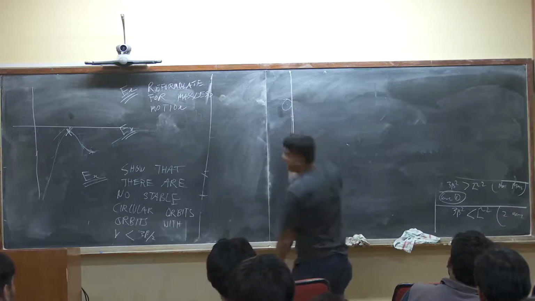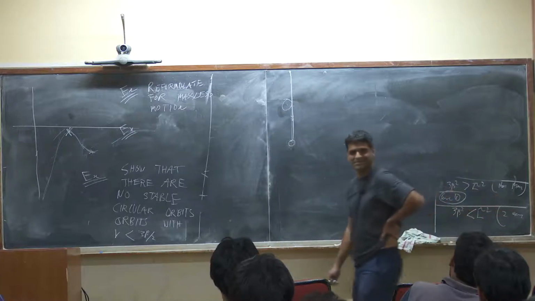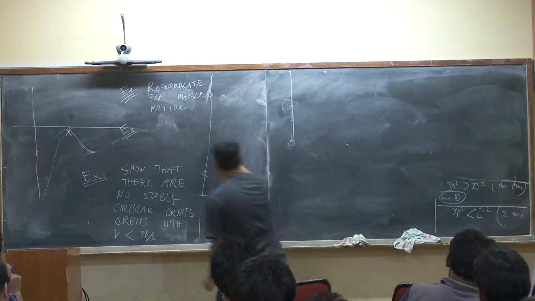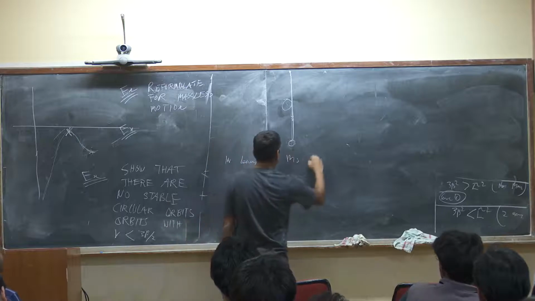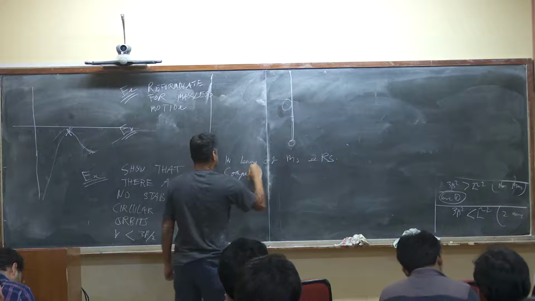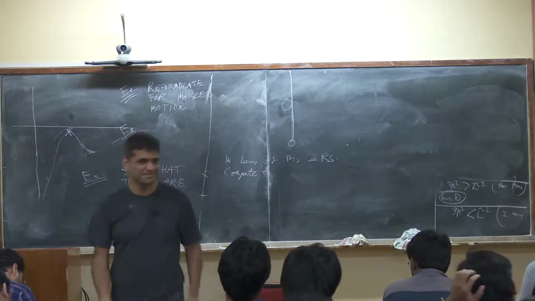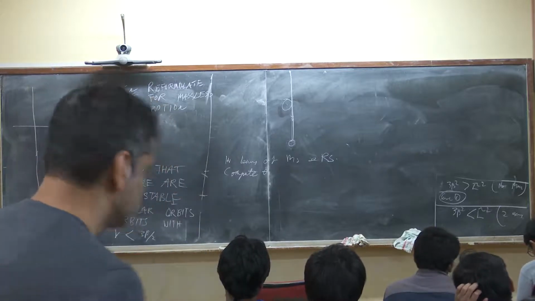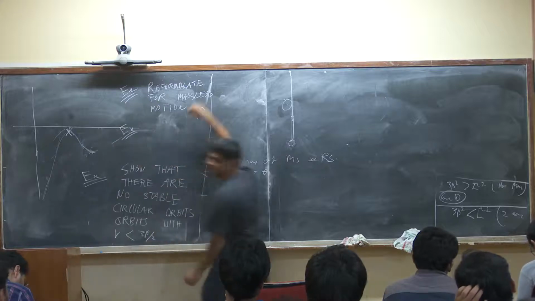There's a bending in the angle theta. In terms of the mass of the Sun and the radius of the Sun, compute theta. Everything's small, so you can use small approximations. For this, you would have to use your reformulation for massless motion.